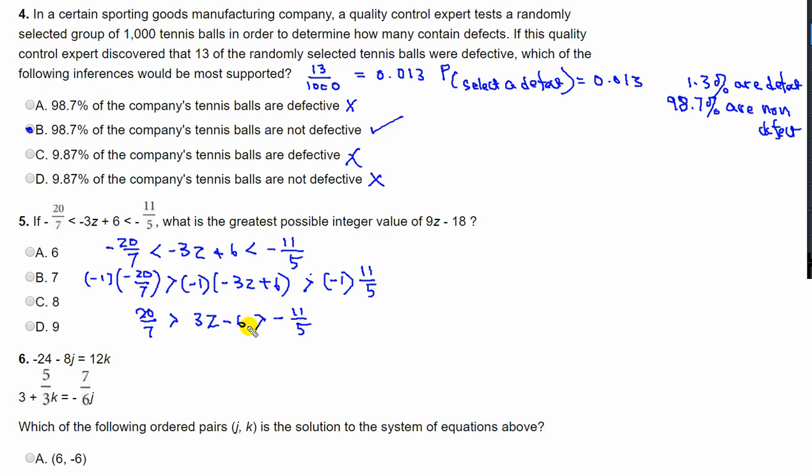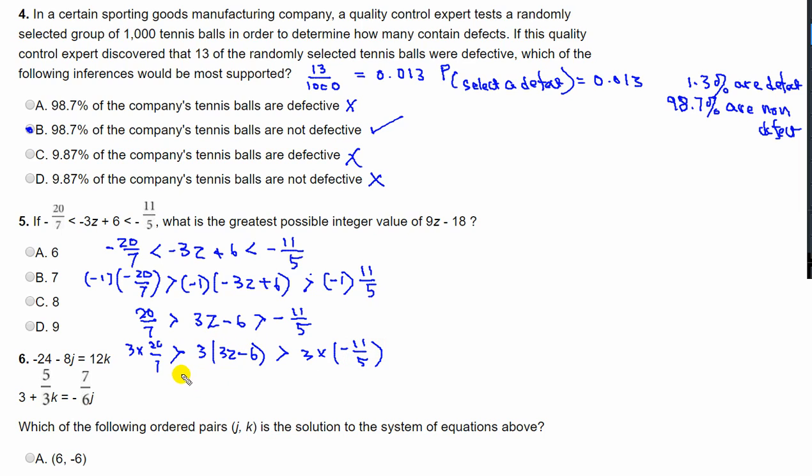Now let's look at this. This is 3z minus 6. So if I multiply 3 across this whole inequality, 3 times 3z I will get 9z. 3 times minus 6 becomes minus 18. So I multiply 3 across: 3 times 20 over 7, 3 times 3z minus 6, 3 times minus 11 over 5.